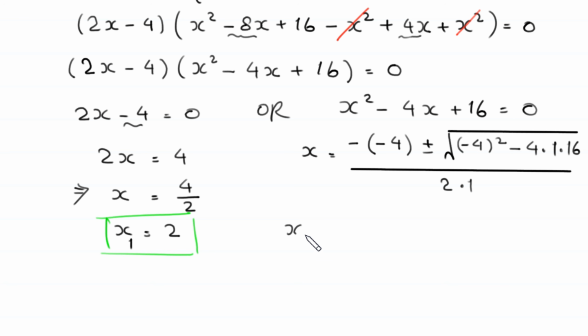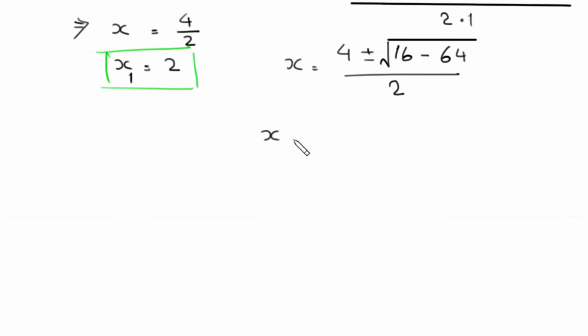Next, x is equal to negative times negative 4 will become positive 4, plus or minus square root of, this (−4)^2 is 16, minus 4 times 1 times 16, 64, divided by 2 times 1, 2.